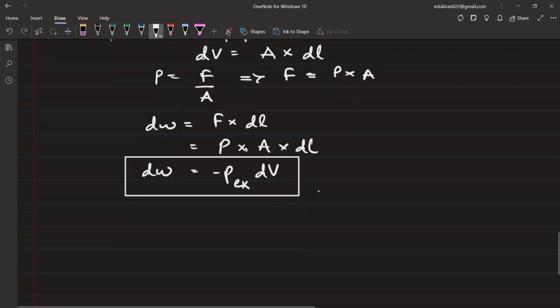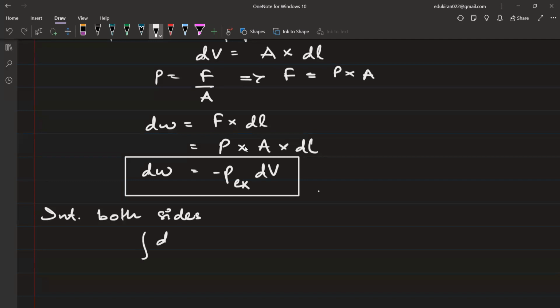Now we can integrate both sides to get the work done. This is the small work, right? Integrate both sides. Integration of dW will be equal to the integration of minus P external into the small change in volume.